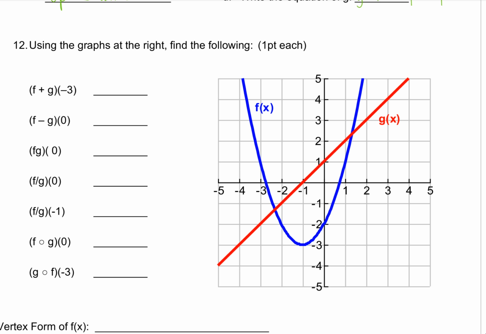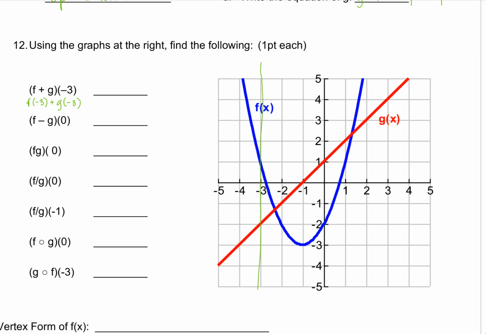All right, using the graphs at the right, we're going to find the following. So we're doing f plus g of negative 3, meaning this is f of negative 3 plus g of negative 3. I'm going to go to negative 3 and draw a line, because where it hits the lines is going to be my solutions that I'm going to add together.